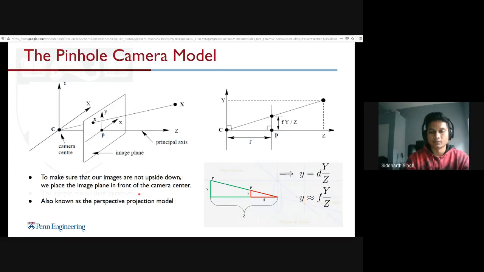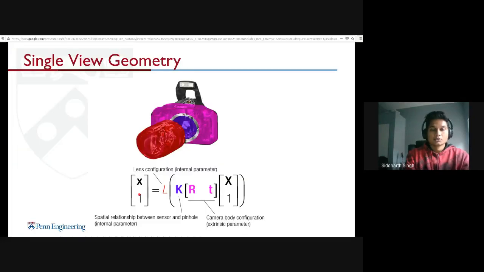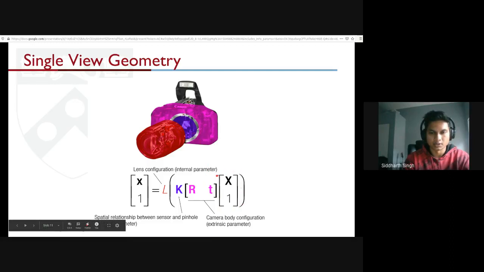All right, so moving on. We have the lens, which is the external lens. We have the internal intrinsic lens, and we have the body itself, right? What we are seeing is this X in the world, and what we will get in the image is an x in the image.